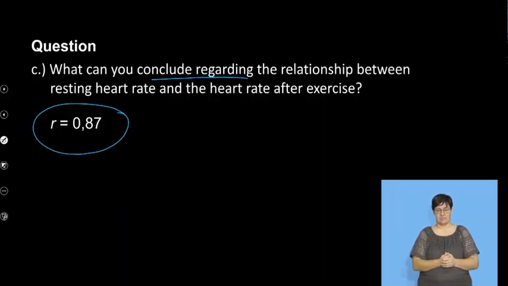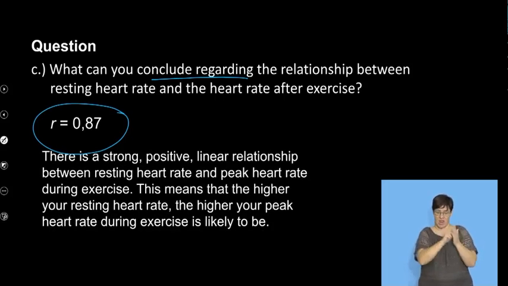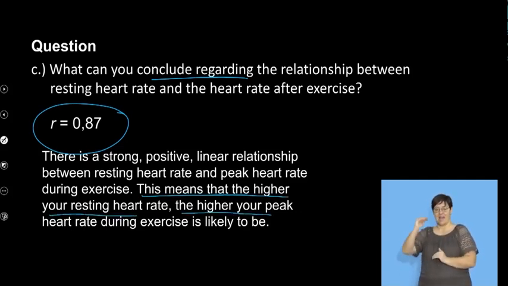There is a strong, positive, linear relationship between the resting heart rate and peak heart rate during exercise. This means that the higher your resting heart rate, the higher your peak heart rate during exercise is likely to be.